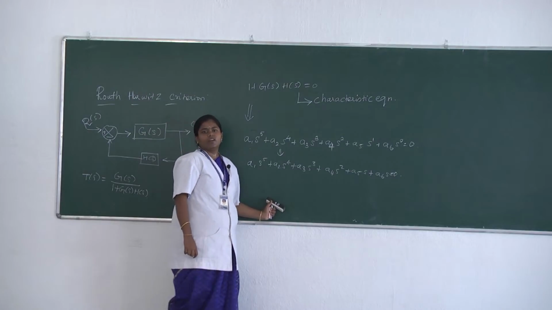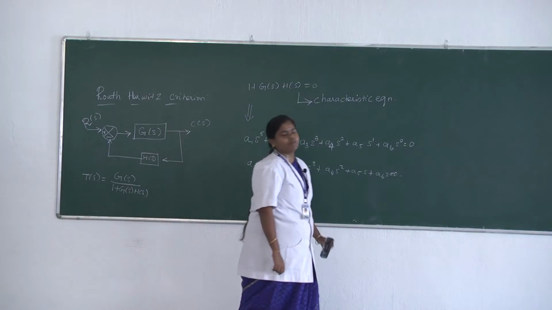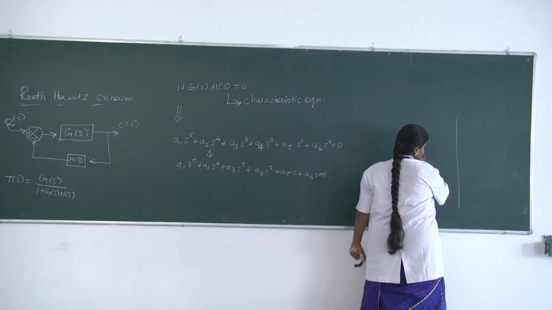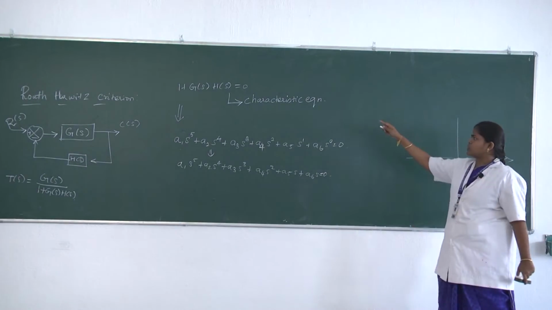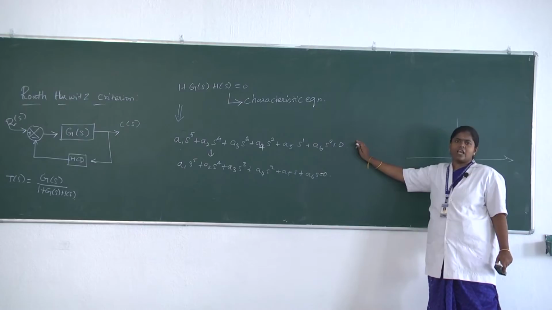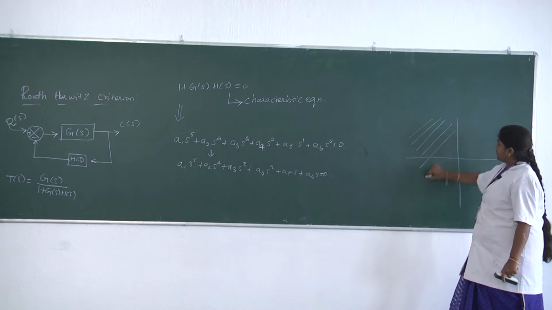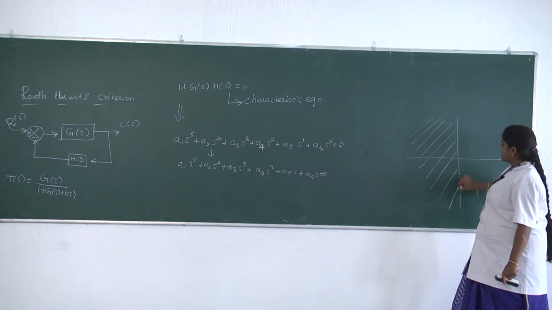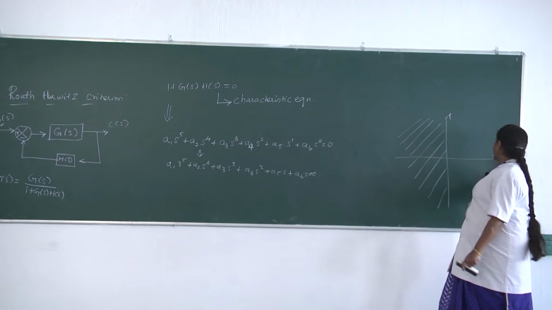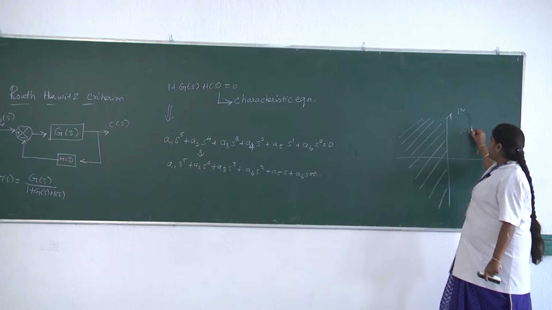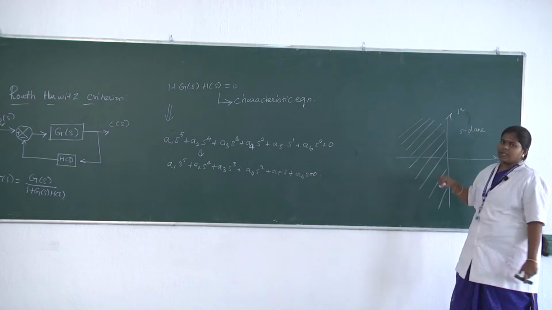Before going into it, we have to see an important concept about stability. When determining the characteristic equation of the system, if all the roots of this characteristic equation lie on the left half of the S-plane, then the system is said to be stable. That is, whenever the roots lie on the left half, the system produces a stable output.